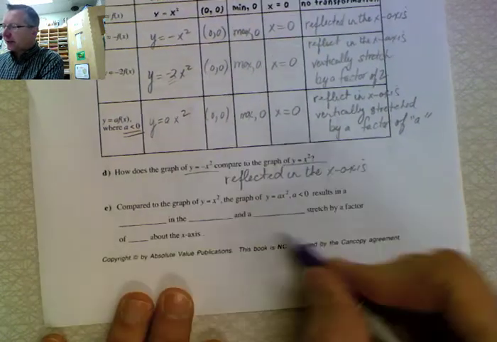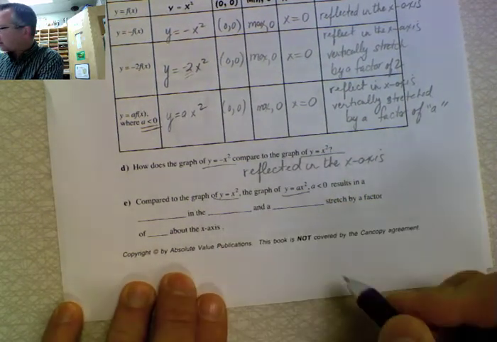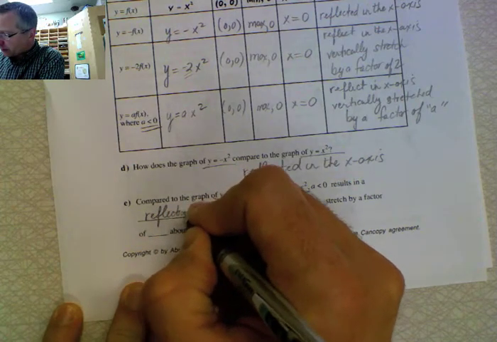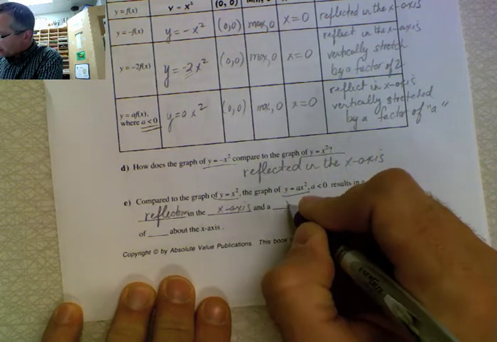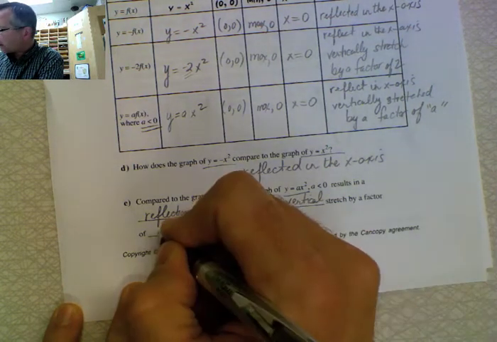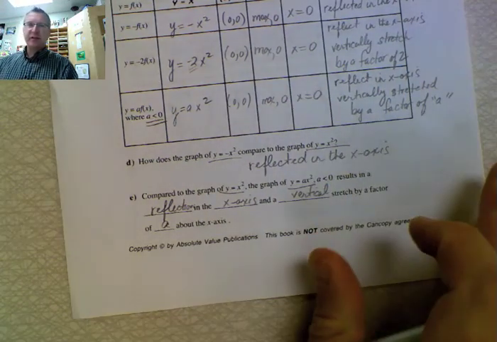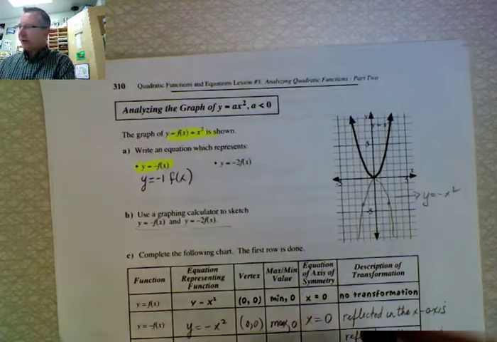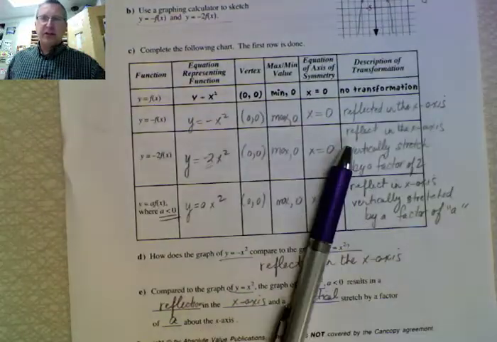If we summarize what we've written up here, if we compare x squared to ax squared, what we're going to notice is that we have a reflection in the x-axis and a vertical stretch by a factor of a about the x-axis. Okay, so that's a summary of what happens with a. Just like when we had P and Q yesterday, they affect our graph in some way, so does A.